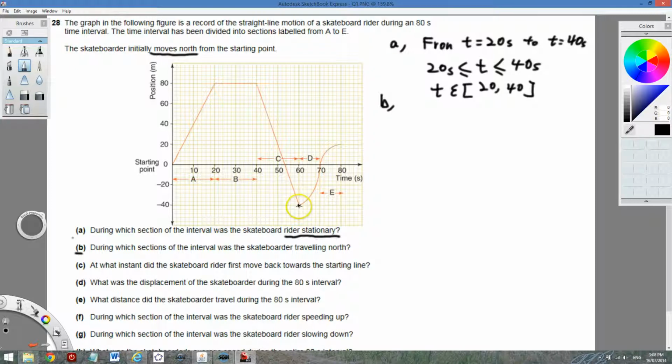Then after this point, it's traveling north again. So the answer is, it's traveling north when the time is from 0 seconds to 20 seconds, and also after 60 seconds. When the time is greater than 60 seconds, it travels north.